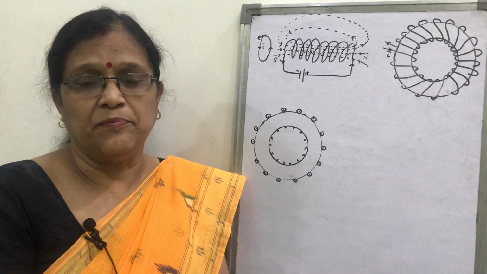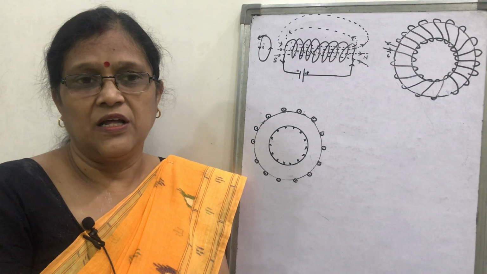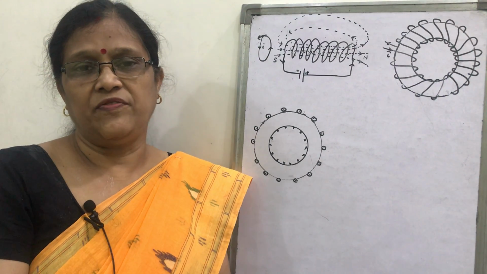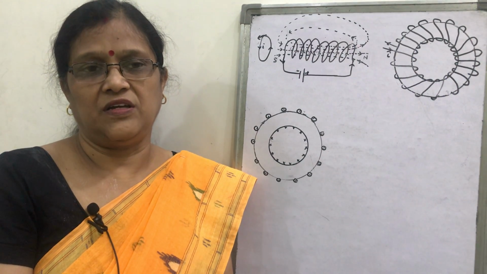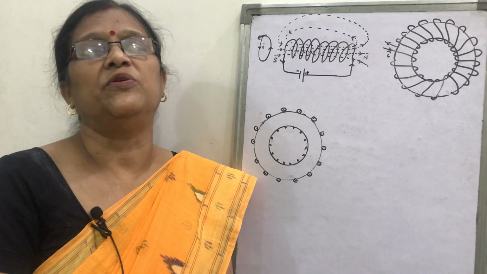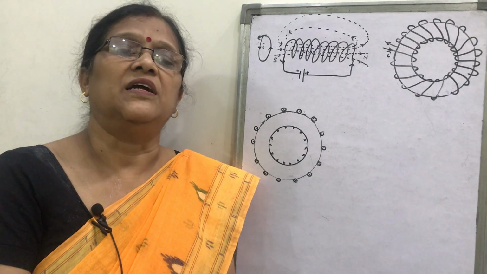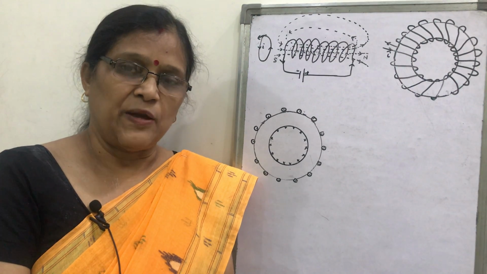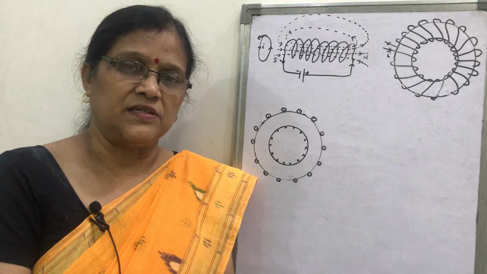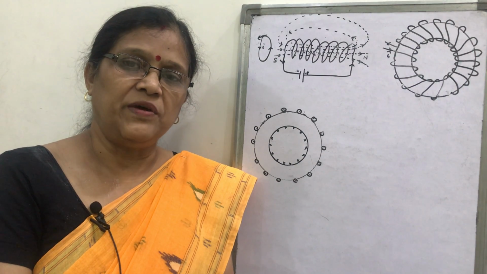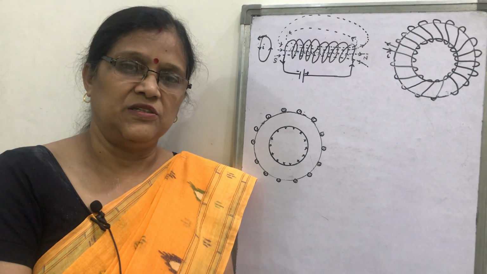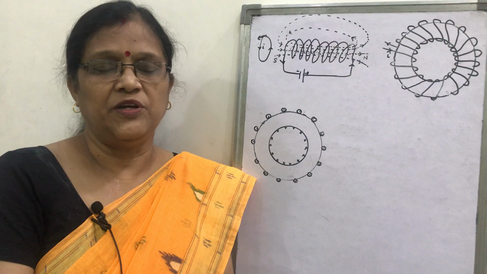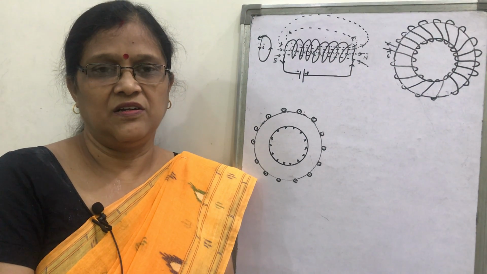This is also an example of a uniform magnetic field. If you are asked how you will produce a uniform magnetic field, then it is a long solenoid, just like the parallel plate capacitor, in which a uniform electric field is produced, which is used to demonstrate the uniform electric field.